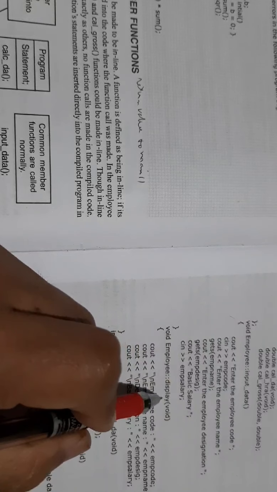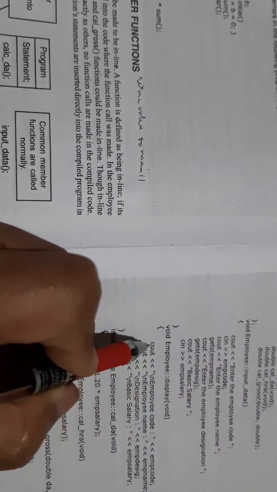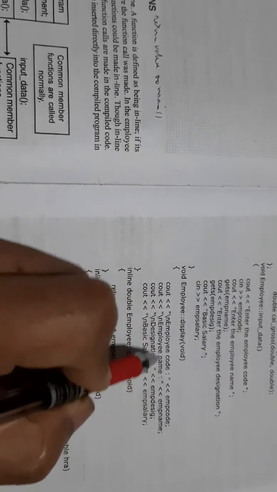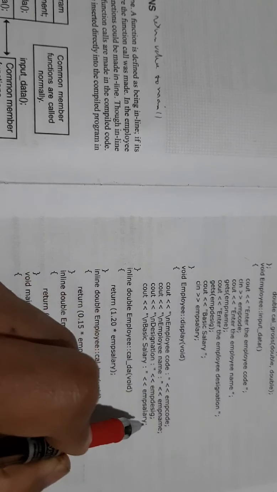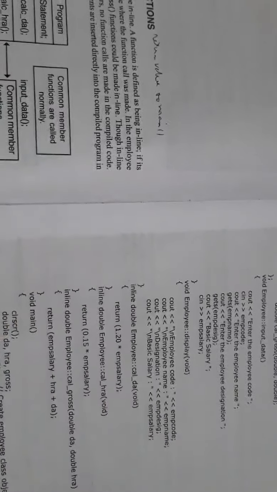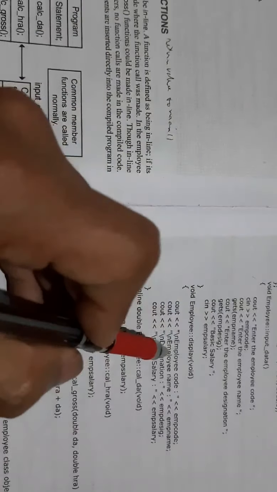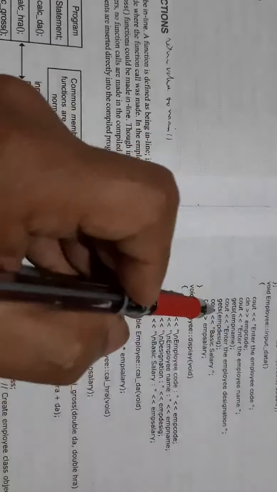So this display executes the cout statement and displays the values: employee code, employee name, employee designation, employee salary. I hope that by now you are familiar with this format, because you see it in every program. The same format is there. I hope I don't need to explain every now and then what it is and how it does.